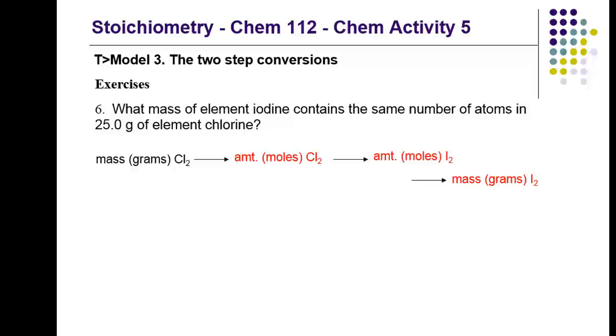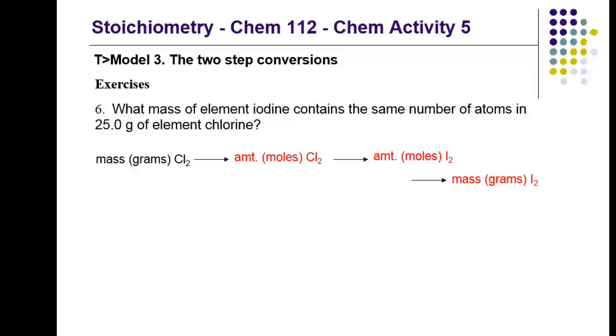Now note, I have used the correct formulas for elemental chlorine and elemental iodine in that they exist as diatomic molecules. I know that you will get the same answer had you used atomic chlorine and atomic iodine. Right? But technically you should be using these diatomic molecule formulas and masses.